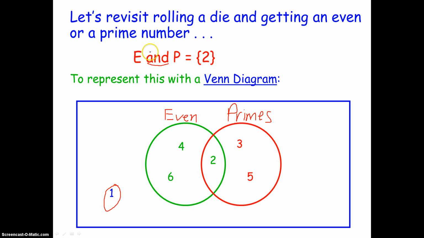So what kind is this? This is going to be an intersection question. So we're going to put our little n there. And we need the intersection of both even and prime numbers, and that gives us the number 2, right? It's the only even and prime number on a dice. So that's a visual representation of an intersection.